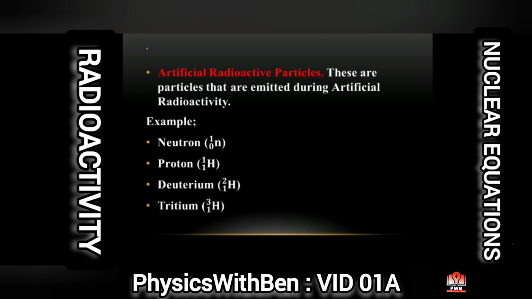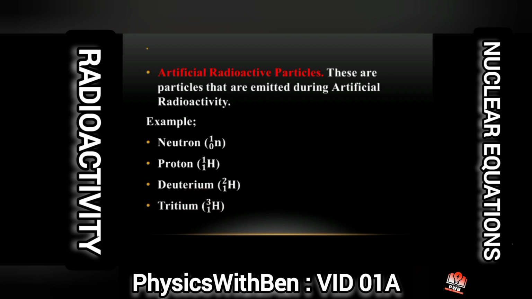So one thing that is very, very important in this topic is that these radioactive particles, the natural and the artificial radioactive particles, are very important and can be used during calculations involving nuclear equations. They will tell you the radioactive element in a bid to gain stability decayed by emitting a neutron or a proton or a deuteron or a tritium.